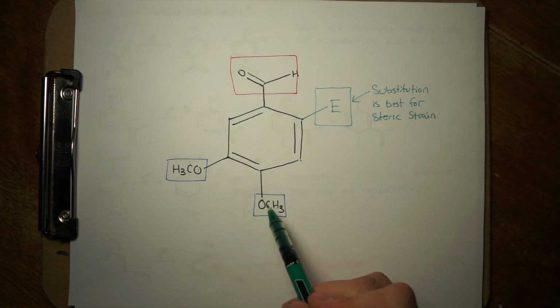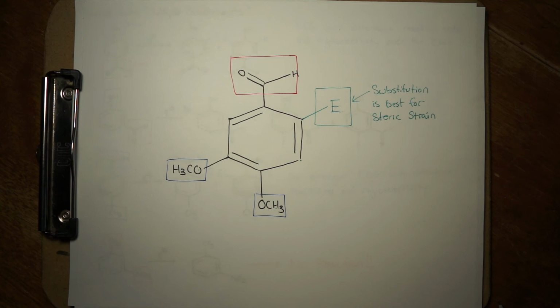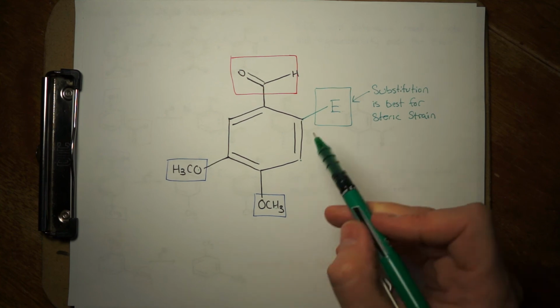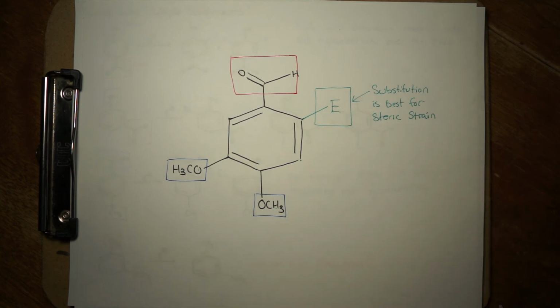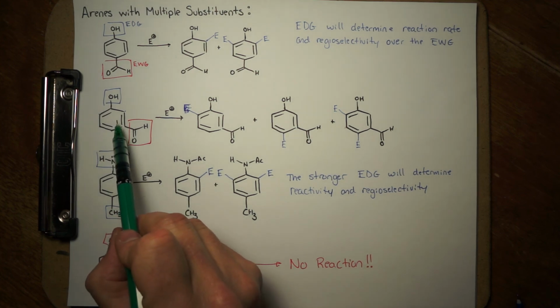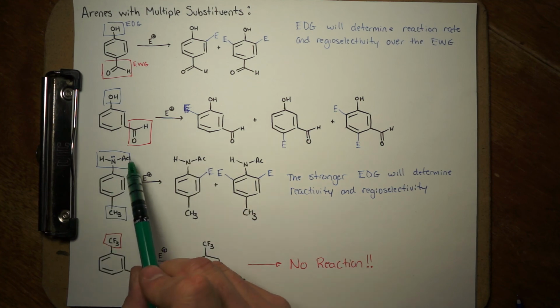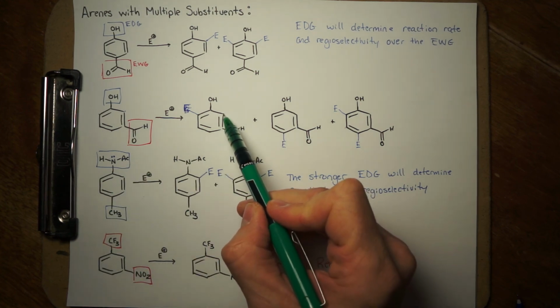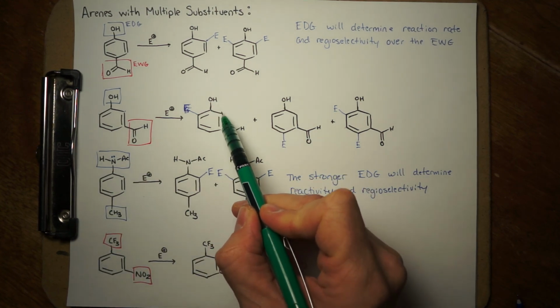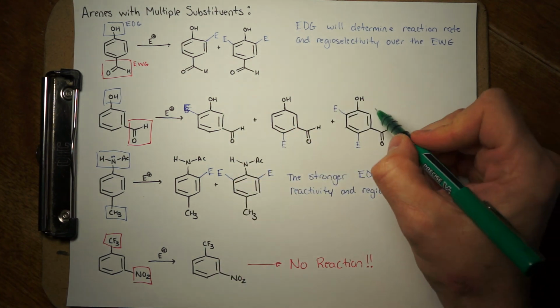meaning that each of those positions is going to be stabilized by a methoxy group, right? But only this position is going to allow us to spread out those substituents over the ring. Right? So if we take a look back at this reaction here, you'll notice that when electrophilic aromatic substitution took place, even though this is ortho to the hydroxy group, we did not substitute in this position.